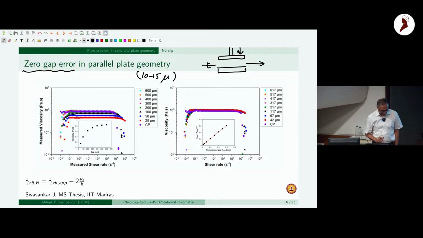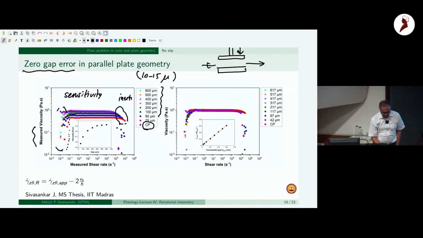This data on the left hand side is the measured viscosity as a function of gap, and there is also cone and plate data, the purple one. At the low rate there is an issue related to instrument sensitivity. At the high rate there is an issue related to inertia, as we discussed.